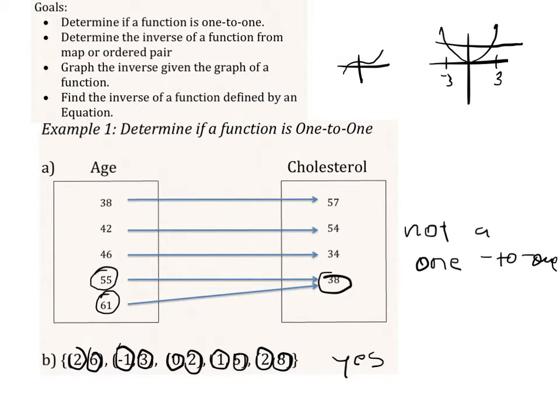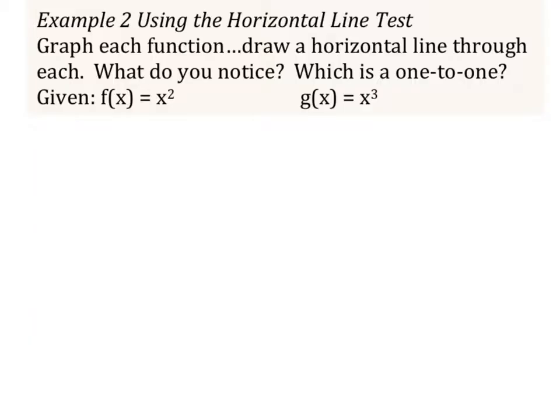So we want to find the inverse now. Okay, so using a horizontal line test, we can determine if a graph is a one-to-one function, and then know if the inverse is a function as well. Okay.